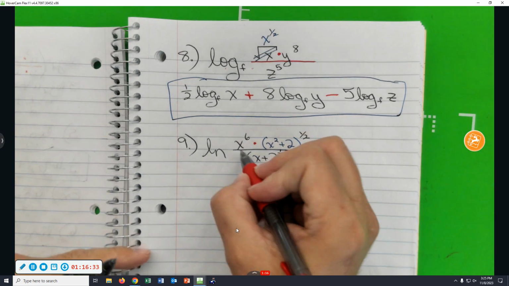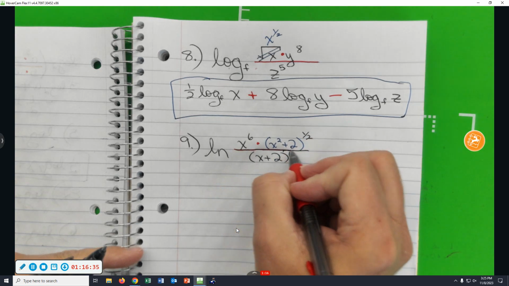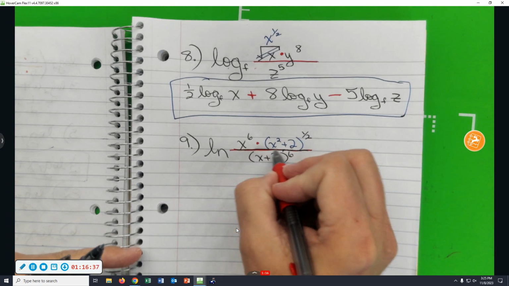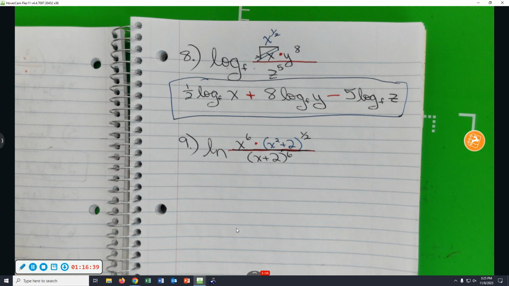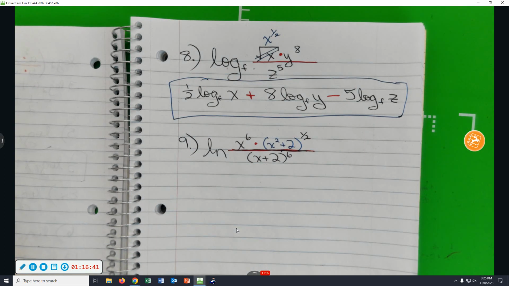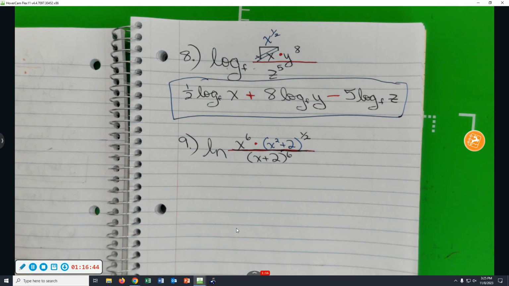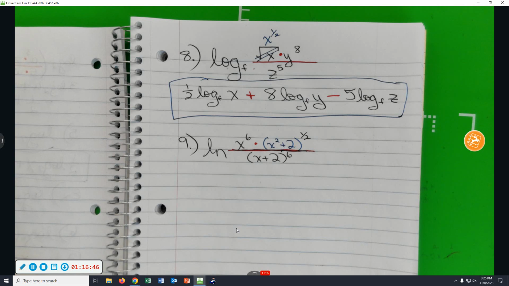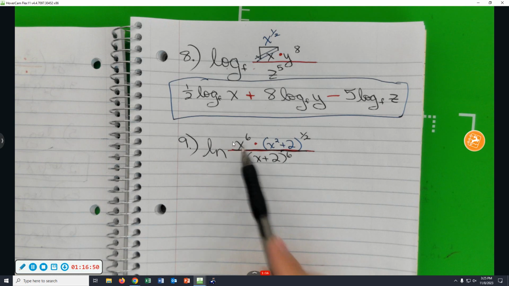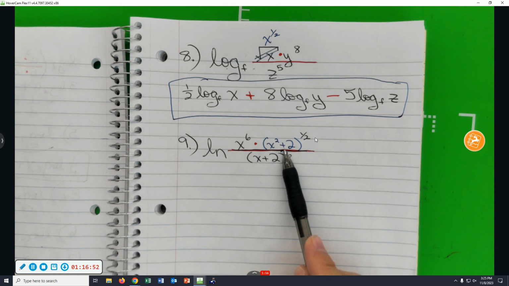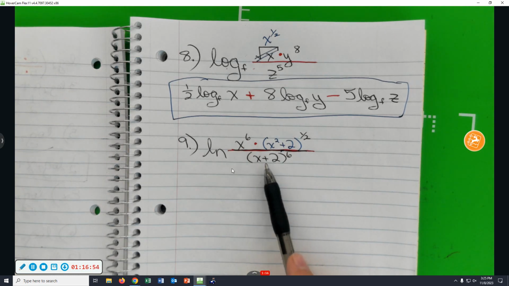You can only separate at multiplication and division. How many LNs will we have in our expansion? 3. We have the x, the x squared plus 2, and the x plus 2.